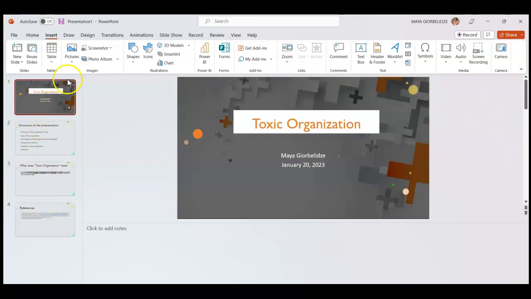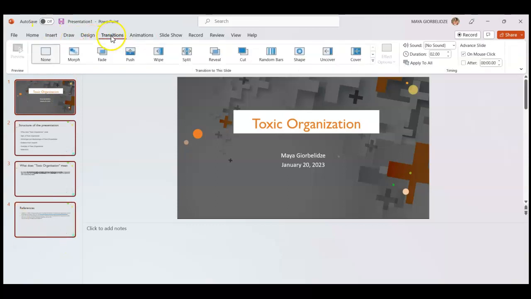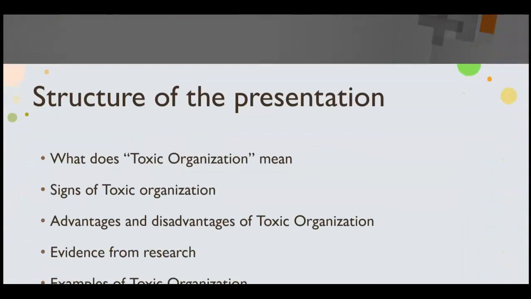Once we finish, what you can also do is click Control A, and you can do transitions. These transitions determine how one slide transitions to another. For instance, if I click push, the presentation is showing this way.